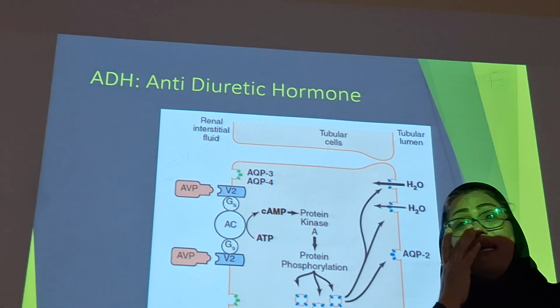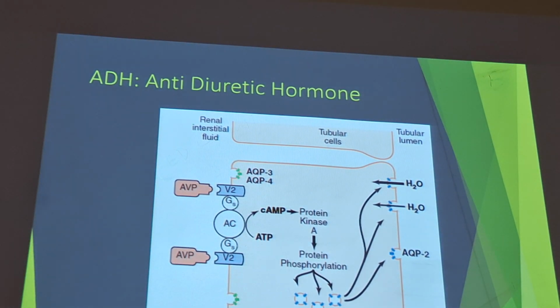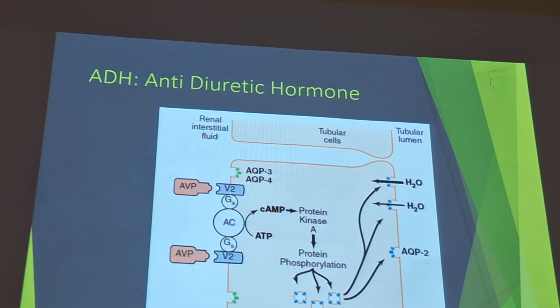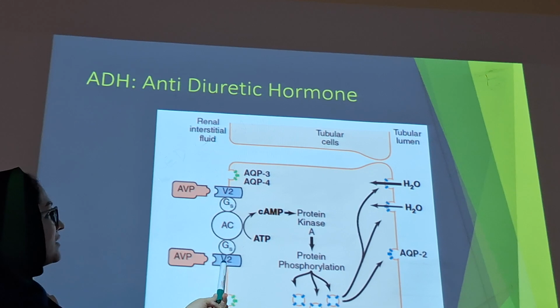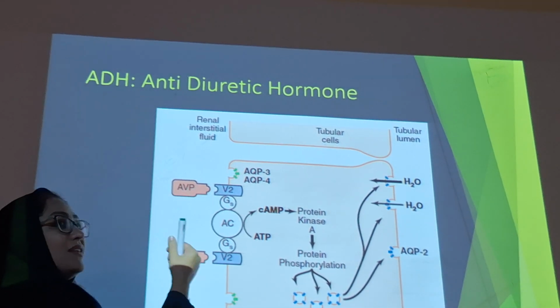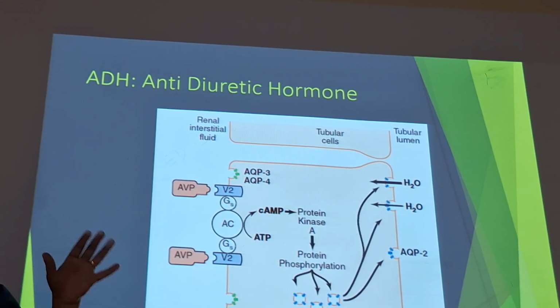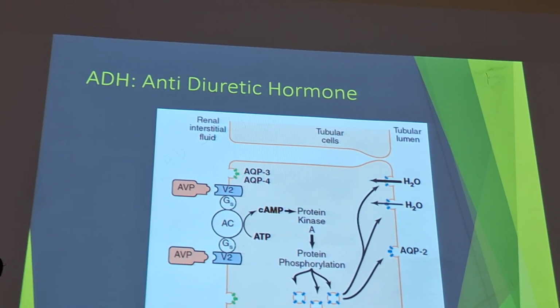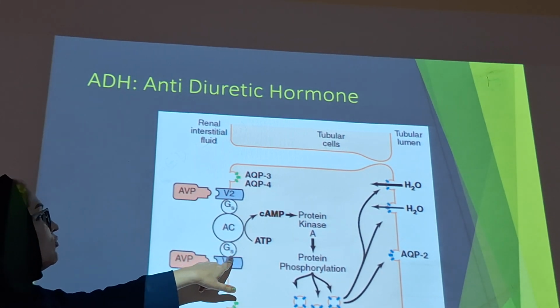And the next one is ADH or AVP. ADH is the same as AVP, arginine vasopressin. As you can see here, receptor is V2. When there is water deficiency, AVP or ADH is released. After binding to receptor, Gs is stimulated.